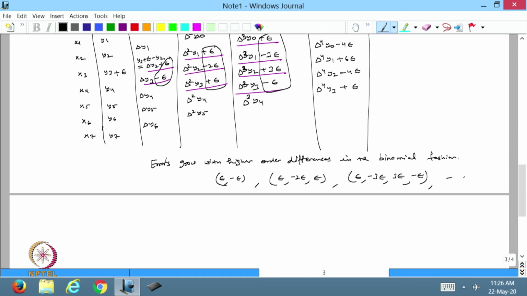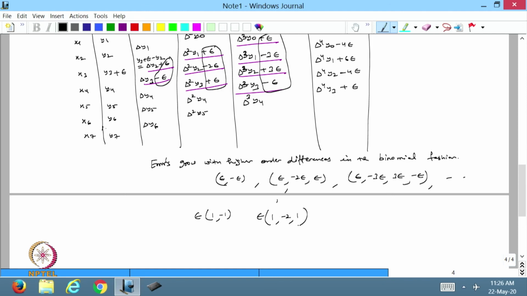So, from here you can see that this one I can write as epsilon, and this is 1 minus 1. This one I can write as, taking epsilon out, 1 minus 2 1. So, if you see from here, it is a square plus b square minus 2ab, a minus b. From here it is epsilon. So, 1 minus 3 plus 3 minus 1.